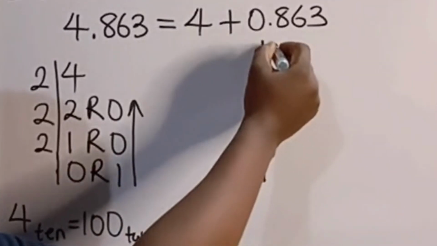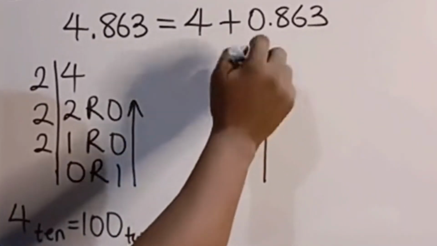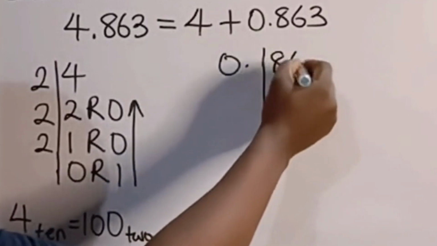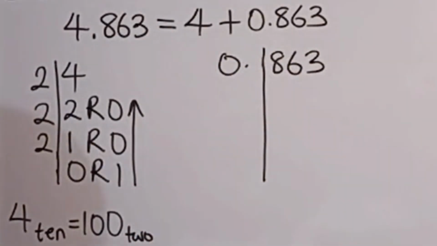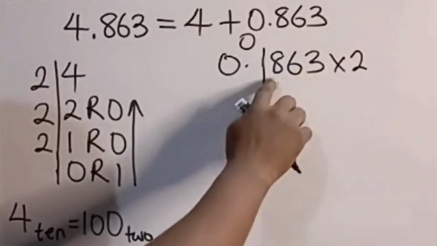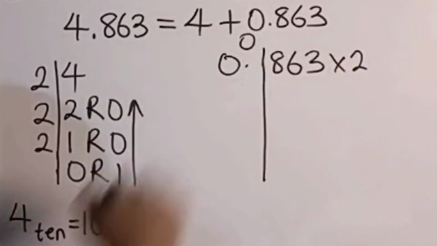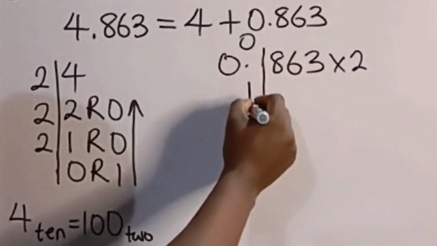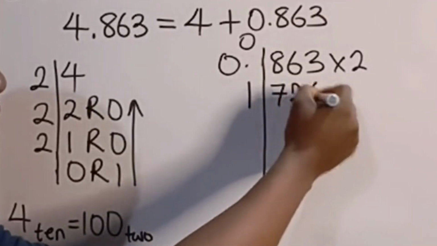So we have 0.863. We are converting it to base 2, and since it's a decimal, we'll be multiplying by 2. So 0.863 multiplied by 2, what are we going to get? We have 1.726. So the 1 is going to be here, and the 726 is going to be here.